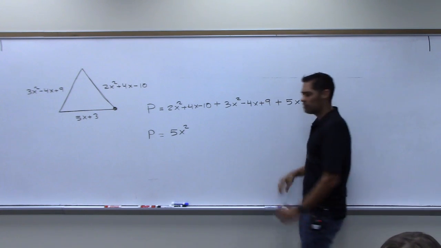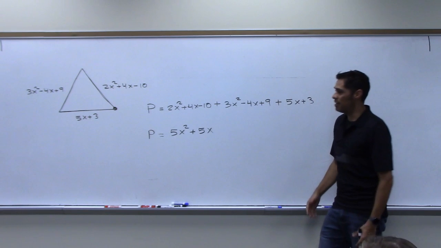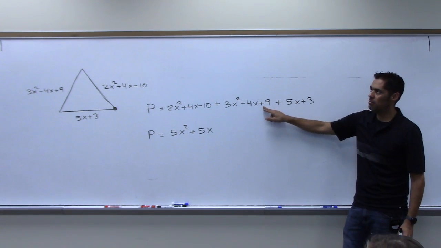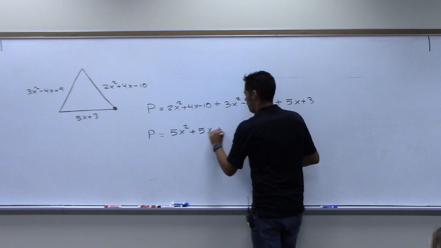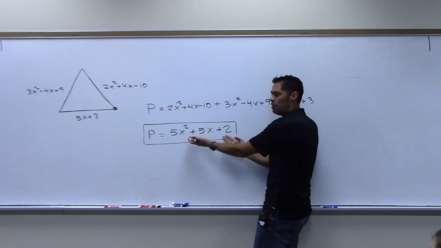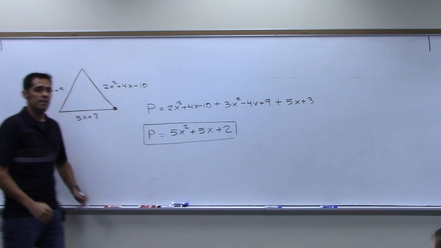So I should just have 5x, right? And then in terms of just the numbers, I have negative 10 plus 9, which would be negative 1, and then plus 3, so 2. And that's it. We have come up with a polynomial that represents the perimeter of this object.